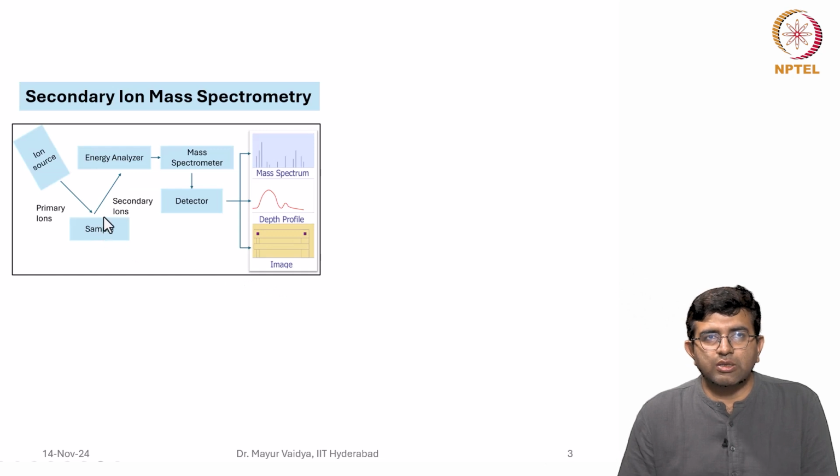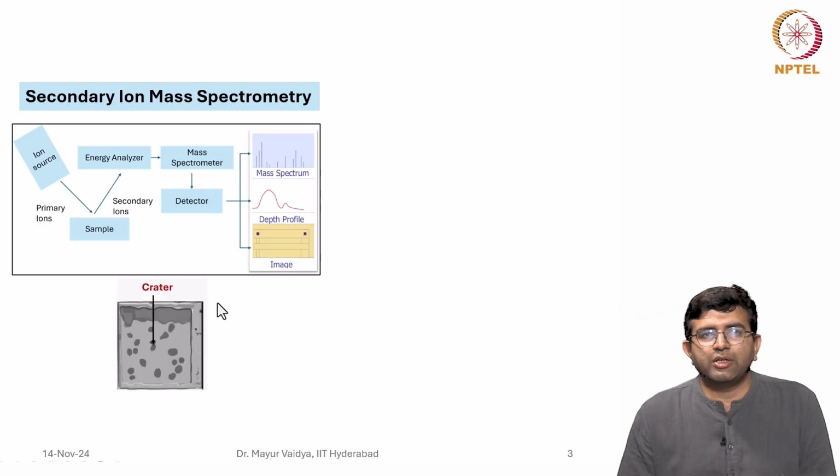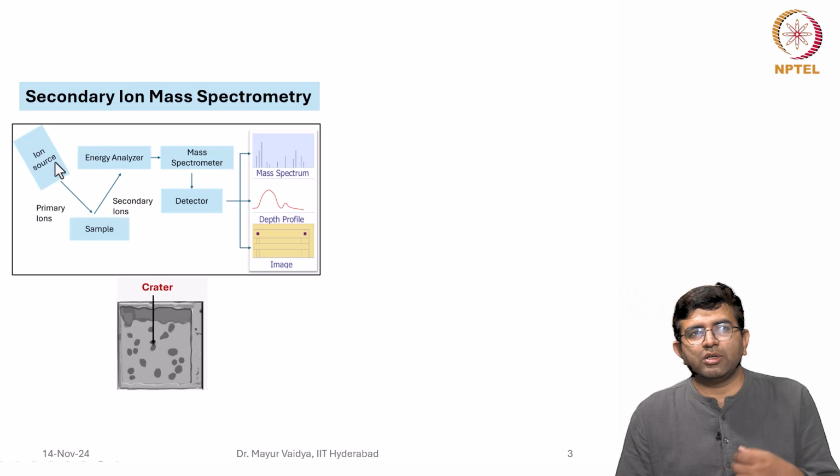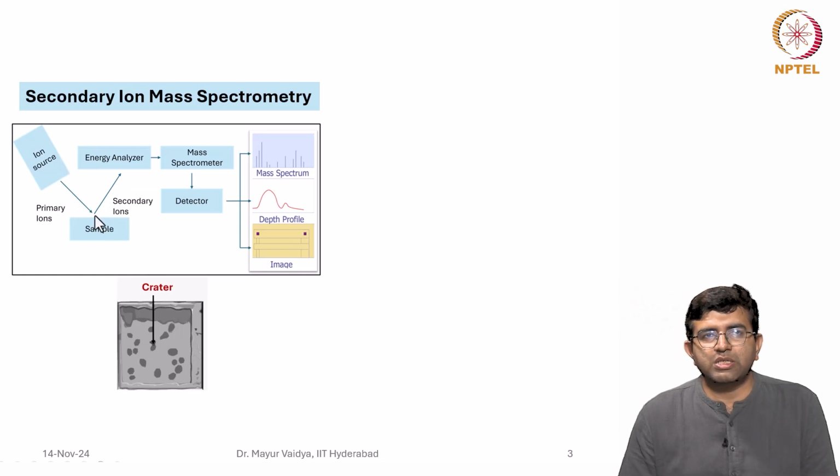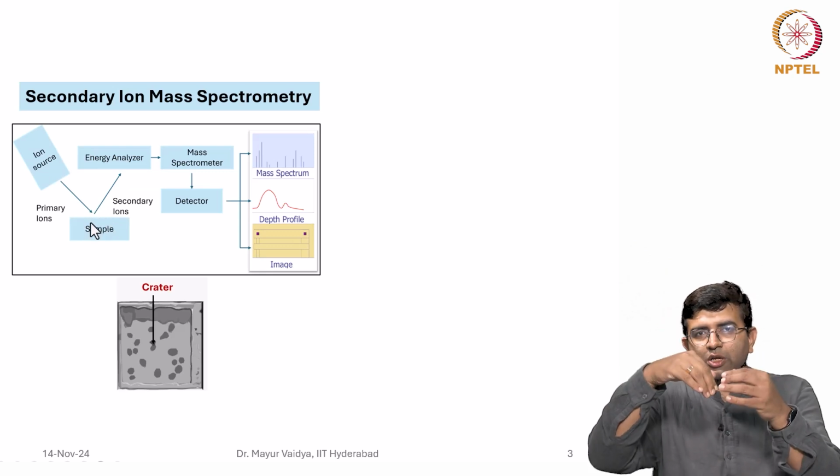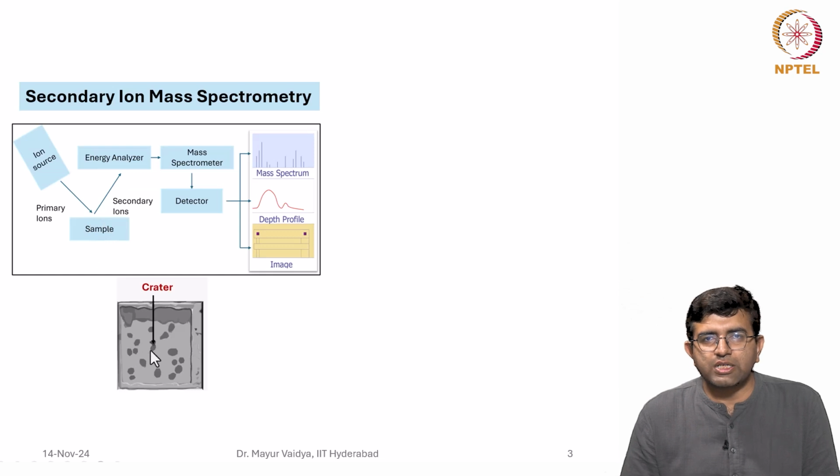So secondary ion mass spectrometry utilizes these secondary ions, and it resolves the mass of each ion using an appropriate detector. When the primary ion beam impinges on a sample, a certain area is scanned by the ion beam, and as it goes more and more into depth, it creates what is called a crater.